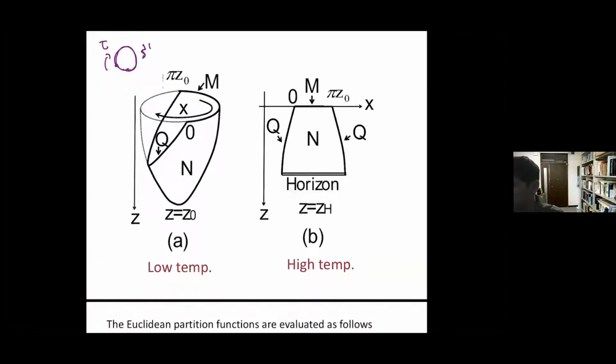There is nothing topologically non-trivial happening for Euclidean time because this is like the AdS soliton, a sort of global AdS3. But the point is that this spatial direction, the x direction, shrinks to zero size at the tip.